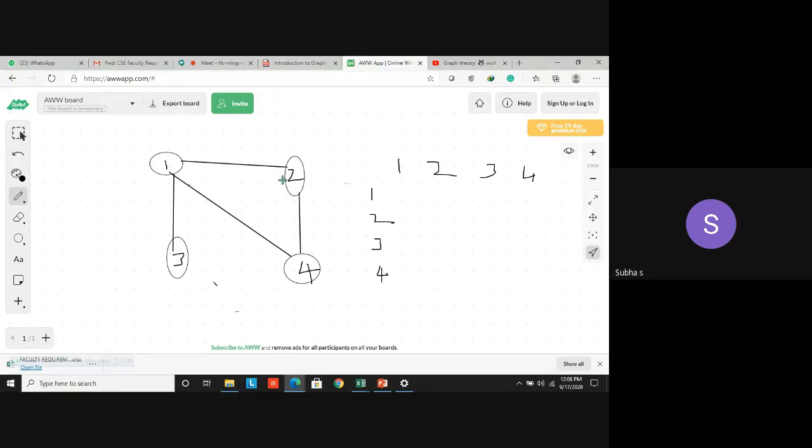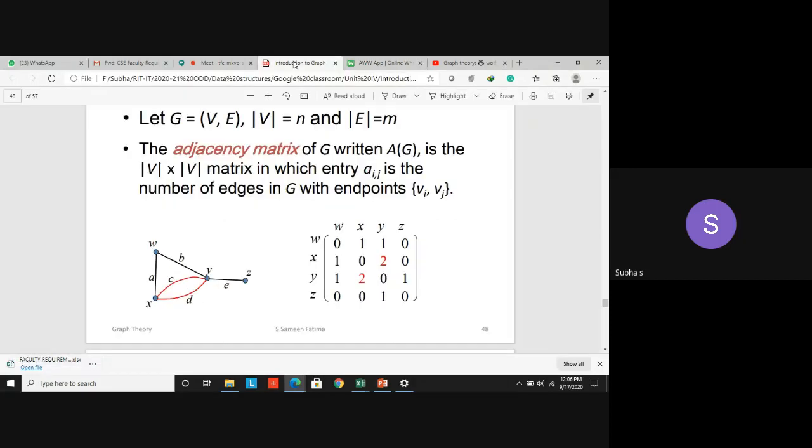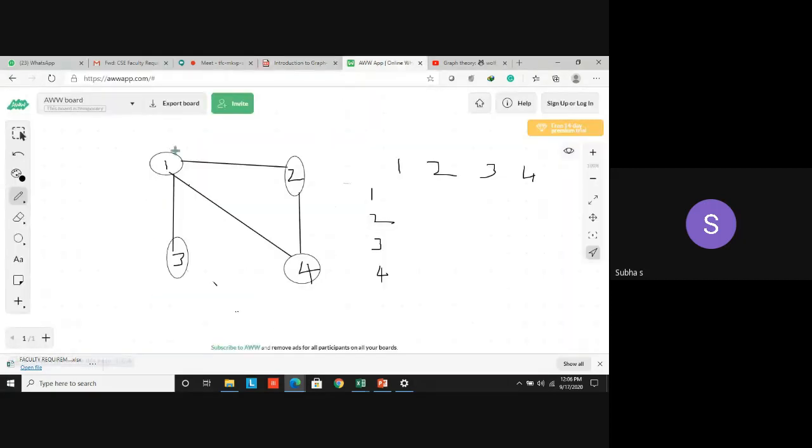Suppose now you have to fill the values. Check, is there any path from 1 to itself? I already told you a self loop is possible for any graph, but here a self loop is not present for any of the vertices. There is no path from 1 to 1.